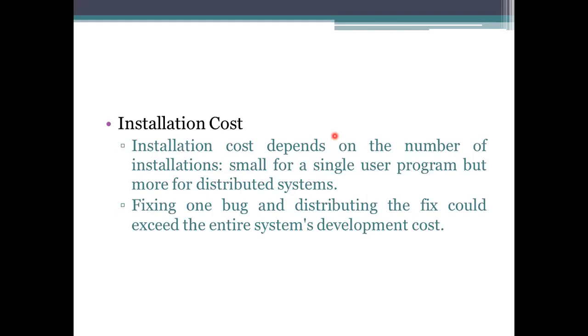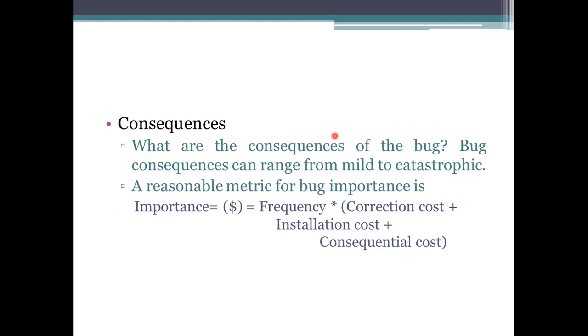You need to take this into account. How many times did you change the values of that variable to specify whether this bug has been fixed or not? So we need to know how many installations have been done for that. And by using that, we may specify the consequences of the bug. Consequences means the impact of the bug here.